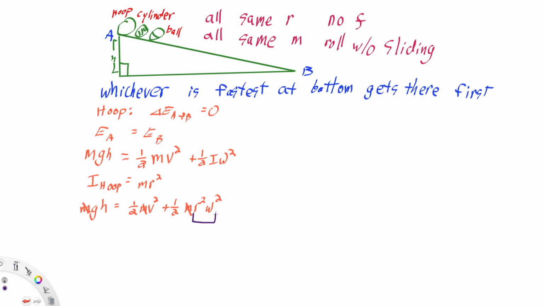Yeah, omega times r is our linear velocity, so omega squared r squared is v squared. So we have 1/2 v squared plus 1/2 v squared. That's just a whole v squared. So the velocity of the hoop at the bottom of the ramp is square root of gh.